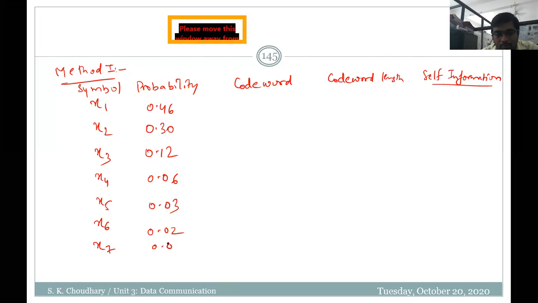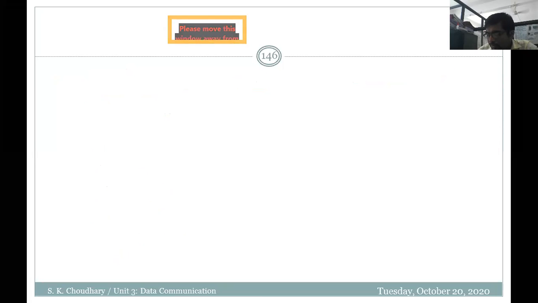Okay, now the probabilities are given. Now we have to find out the code word. So the first method I am going to use for finding the code word is this.